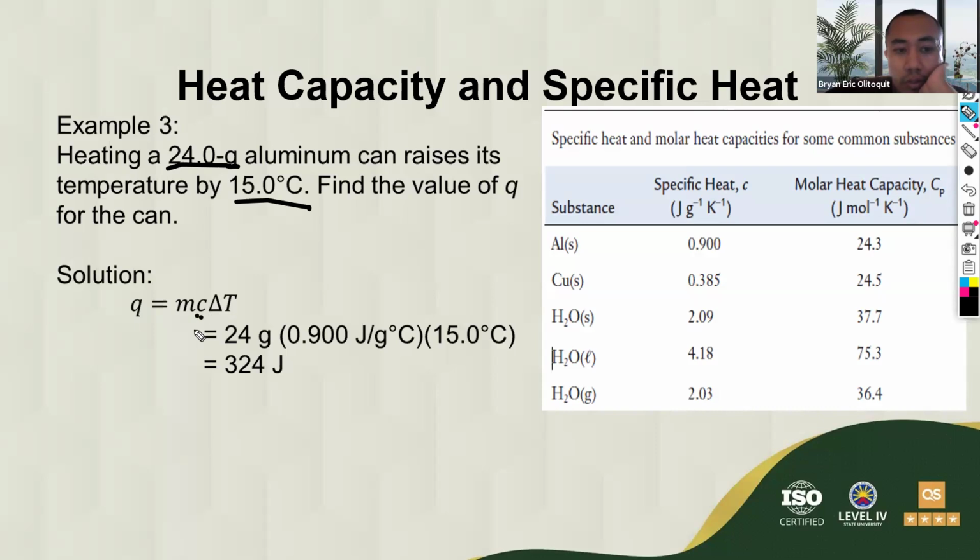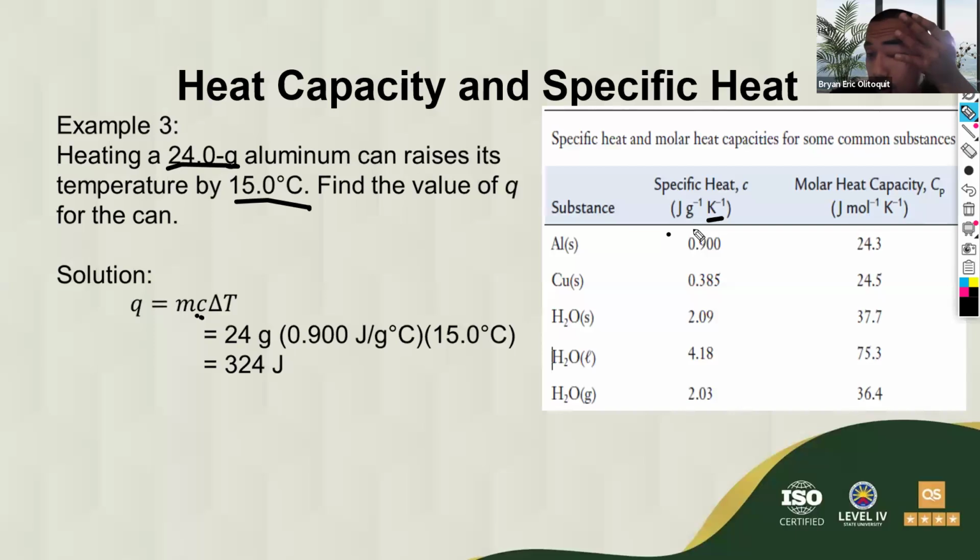Ito yung specific na sinasabi natin, yung C. So for aluminum, the specific heat of aluminum is 0.9 joule per gram per Kelvin. Since sabi natin ang Kelvin and Celsius, pareho lang yung increment nilang dalawa.